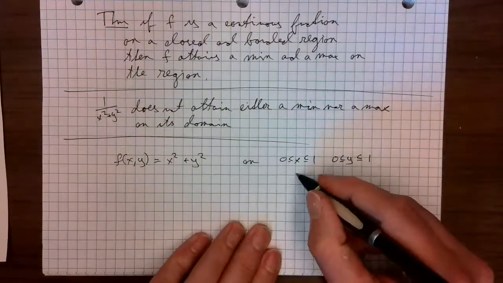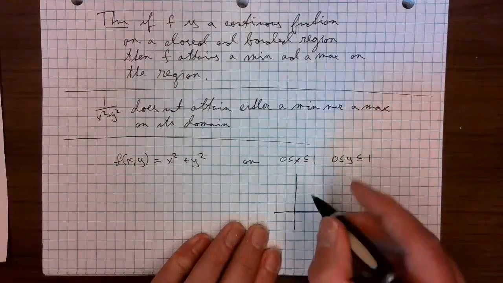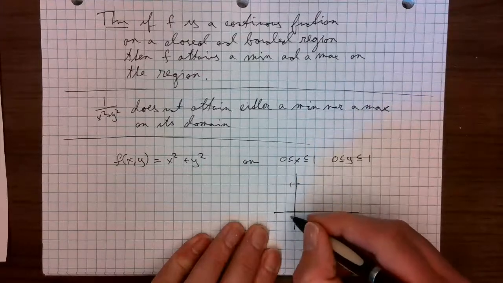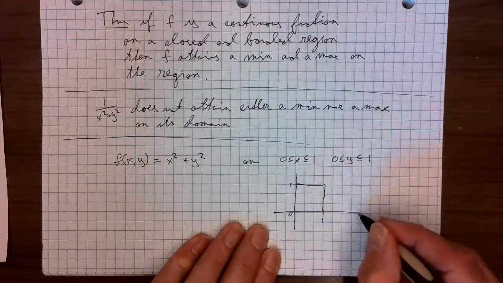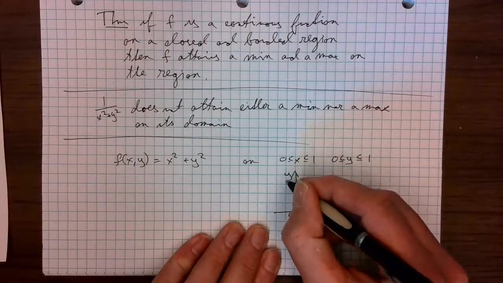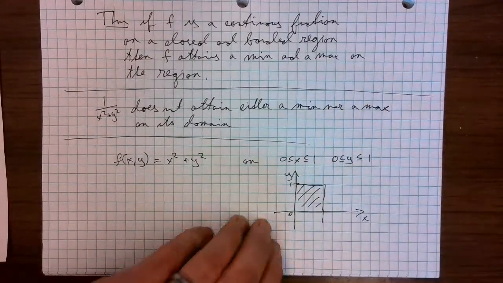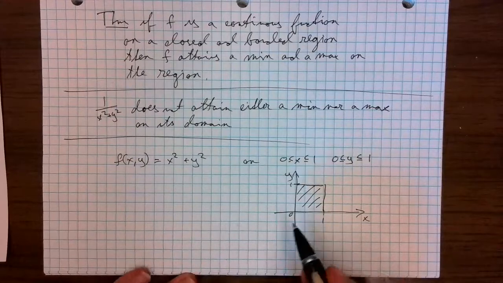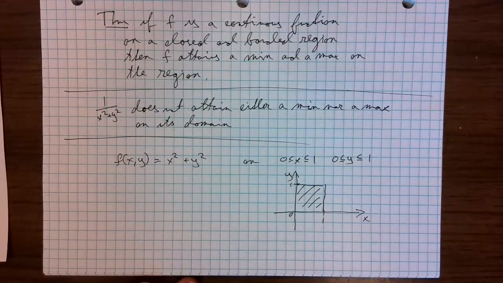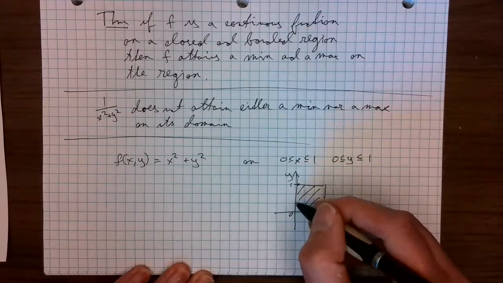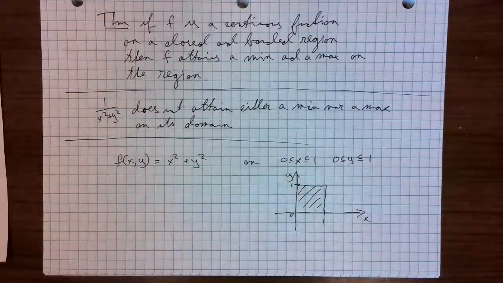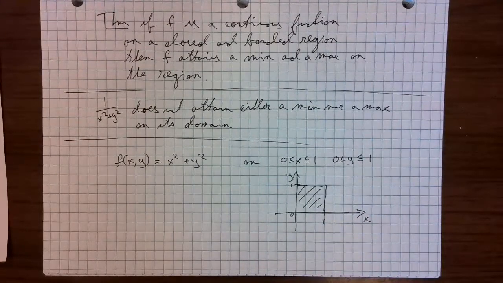So this is the origin, and this is where x and y are 1, so it's this region over here, right? And we're looking at x squared plus y squared over here, and let's see what it attains. Let's look at a graph.